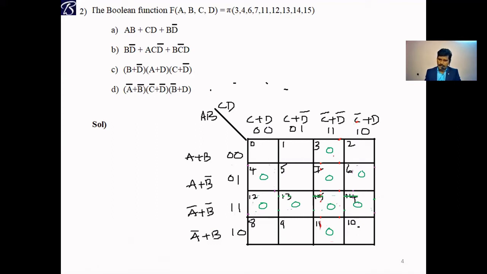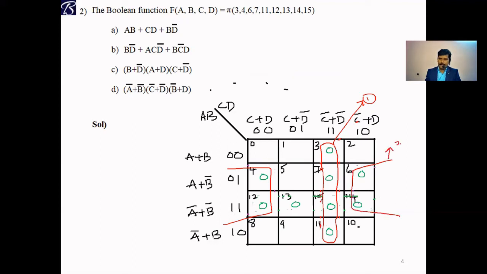Coming to this first 0, the maximum possible group is a quad, and let us do it. This is 1. Coming to this 0, the maximum possibility is this.